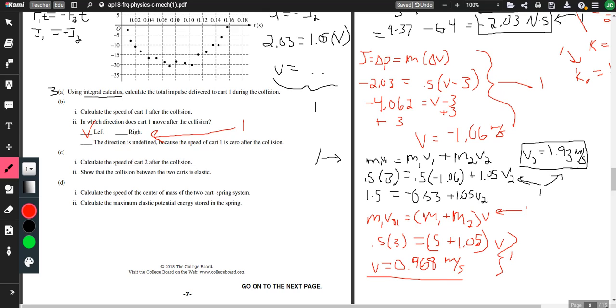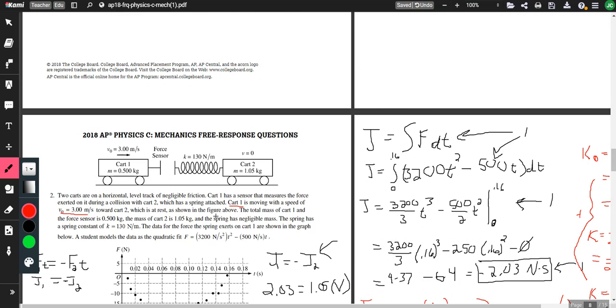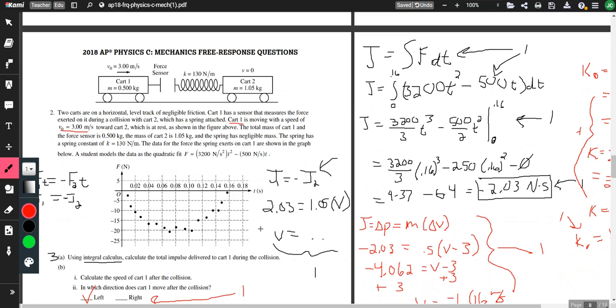All right, and then the very last part is part two. Find the maximum elastic potential energy stored in the spring. There's two different ways to do this.